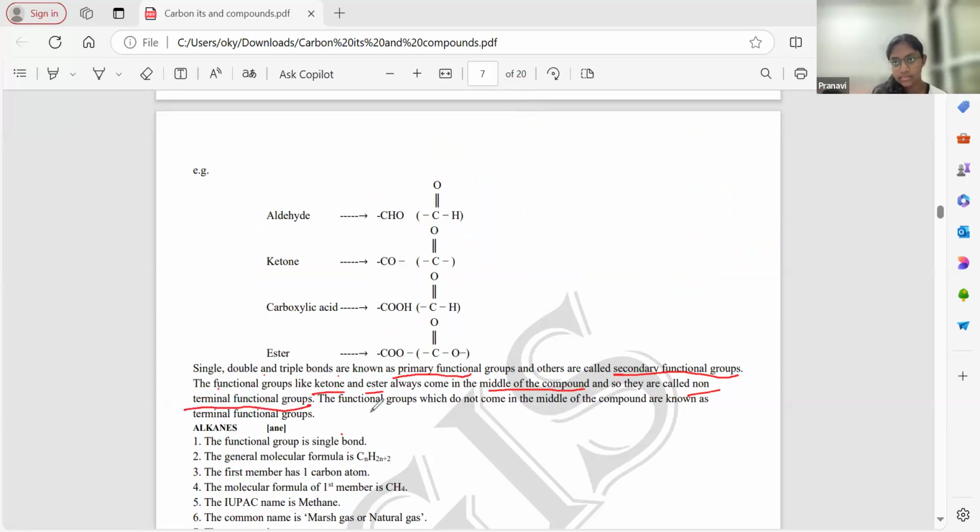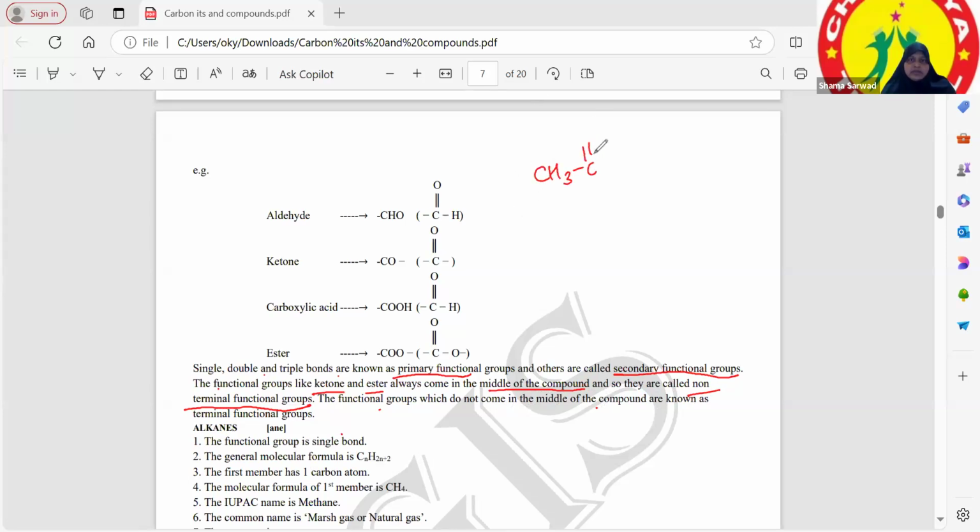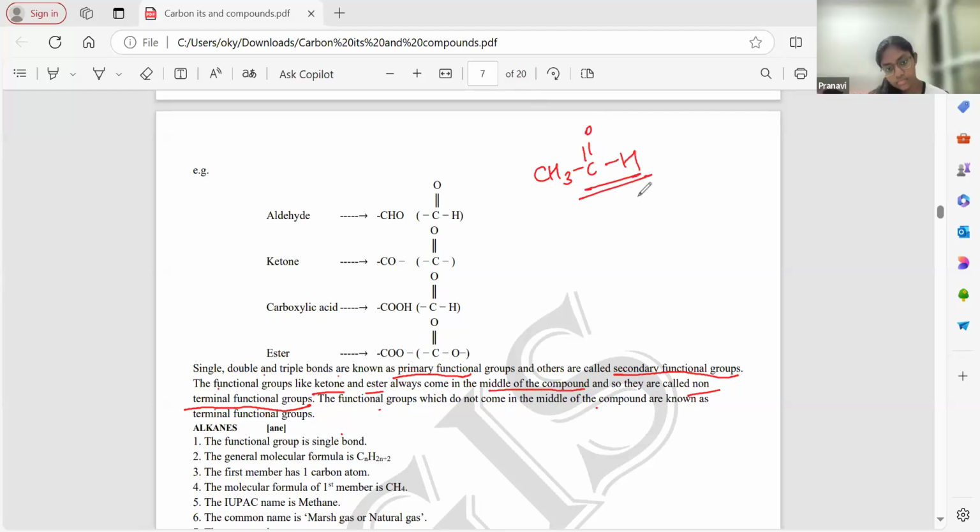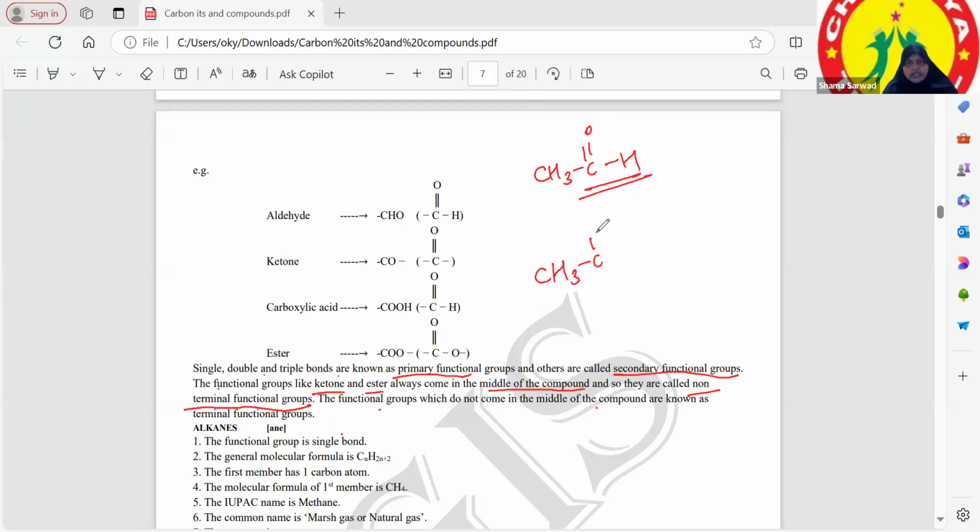The functional groups which do not come in the middle of the compound are known as terminal functional groups. Now, if we see aldehyde CH3 C double bond OH, it comes at the end, right? These are terminal. If you see the ester CH3 C double bond O CH3, it comes at the middle, hence it is non-terminal.